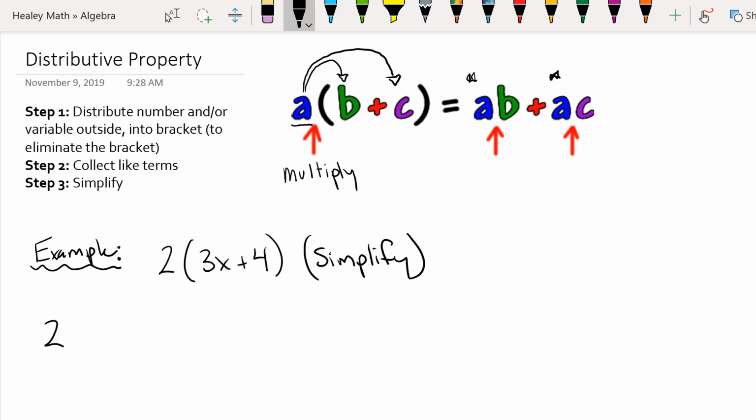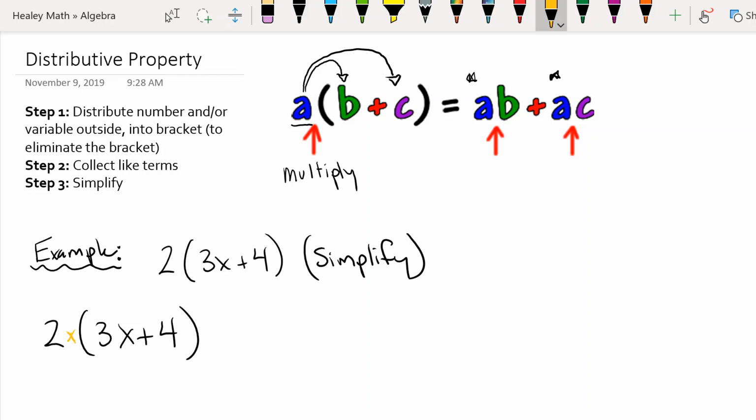Let me just rewrite the expression down here. We don't see any operation between the 2 and the bracket. However, we know that this is really multiplying. So we have 2 times 3x plus 4.